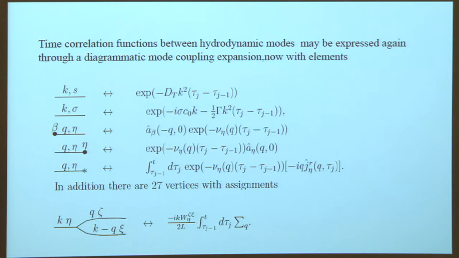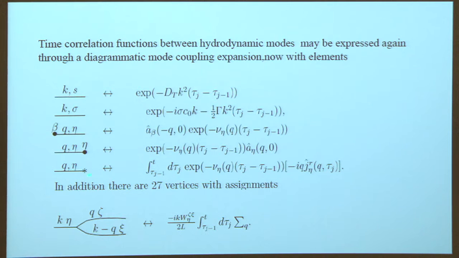And then you can make a diagrammatic expansion again, but now your propagators have to be specified, whether it's a propagator of the heat mode or of the plus or minus sound mode. And for the densities, you have to specify if it's the density of heat or the amplitude of a sound mode.